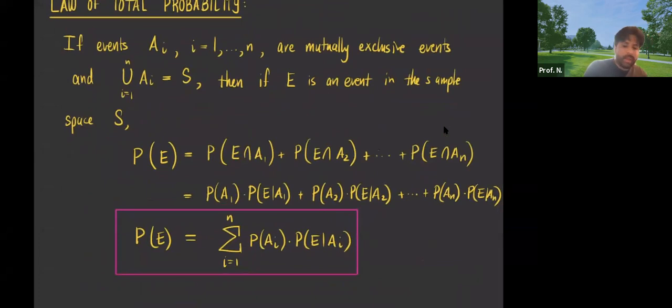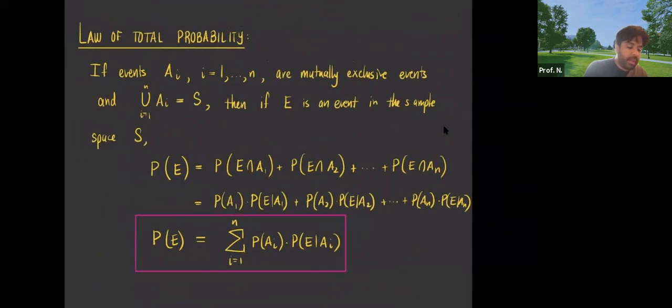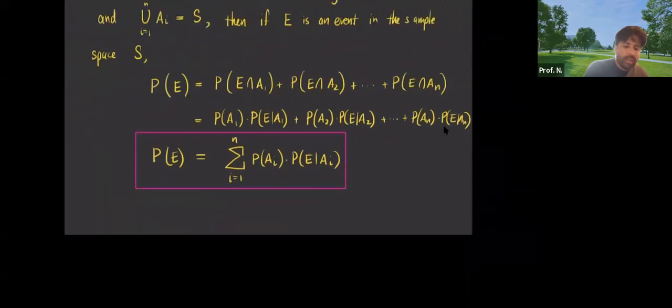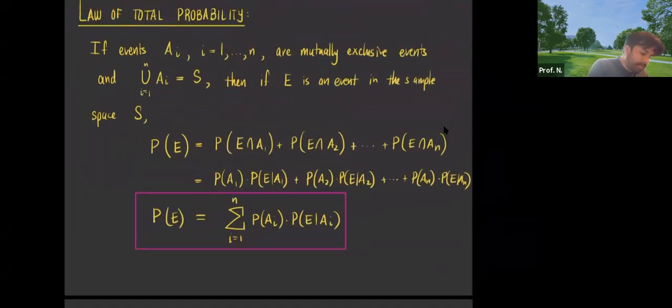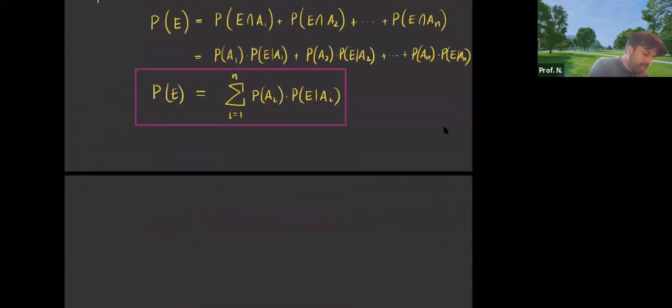All right, so any questions about the law of total probability? And the rest of the problem, for example, it asks, the next thing is to find the probability of A sub 1 given that E happens. Now, how would I do this one?